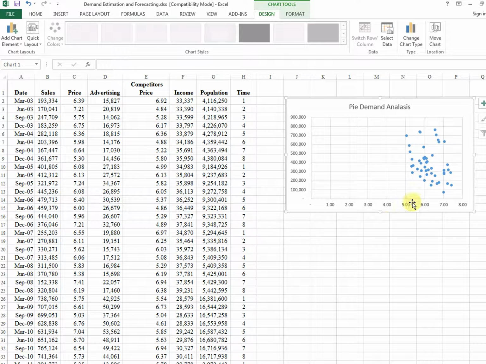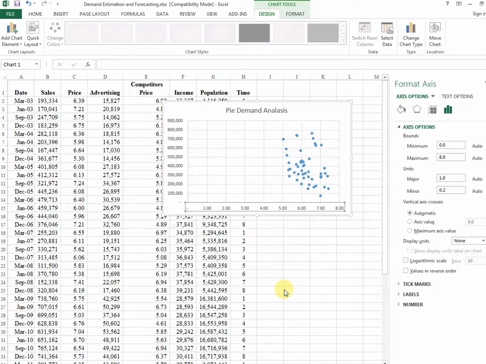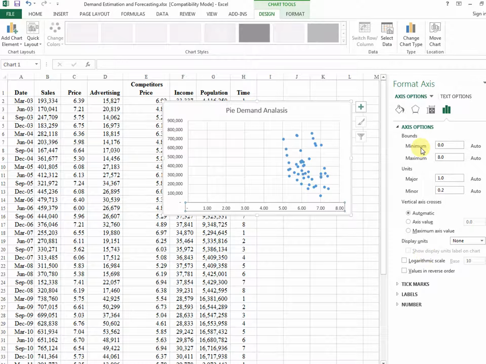We will have this sort of graph. This is interesting. We've got a huge unused area which we will need to remove. So we right click, format axis, and then we say bounds start from maybe 4.8 to 8. Okay, that is better.